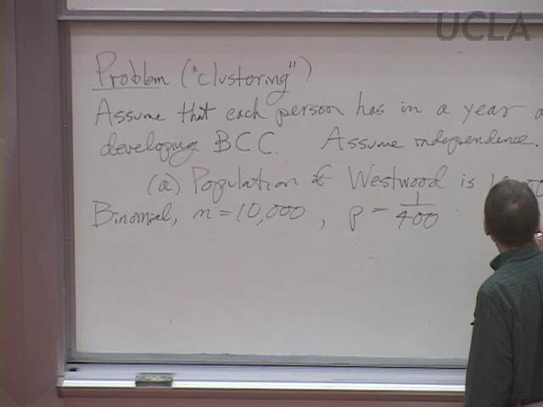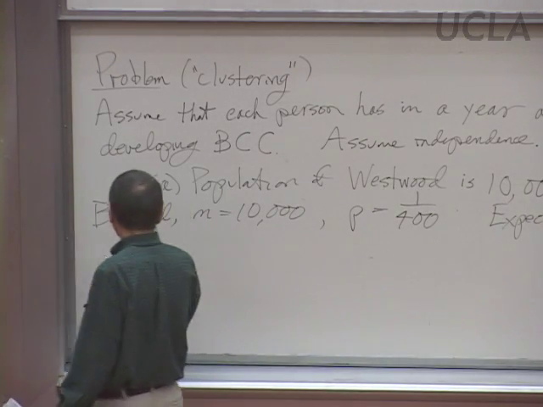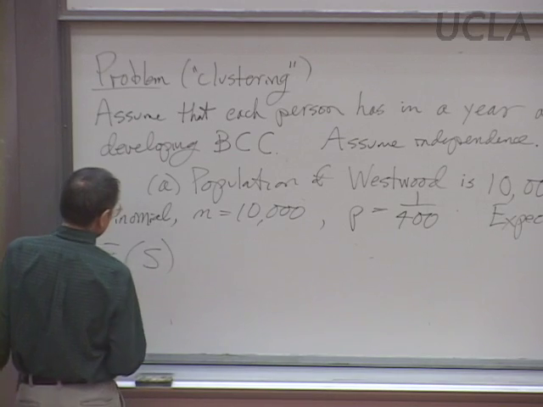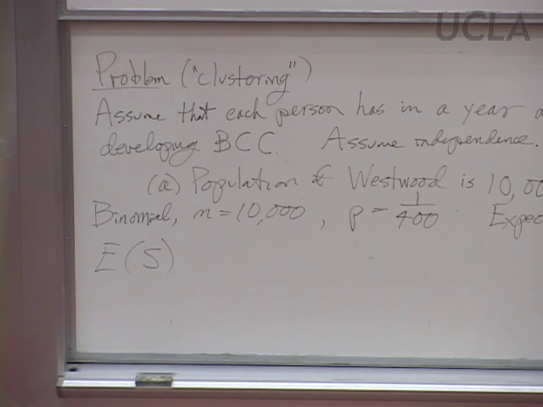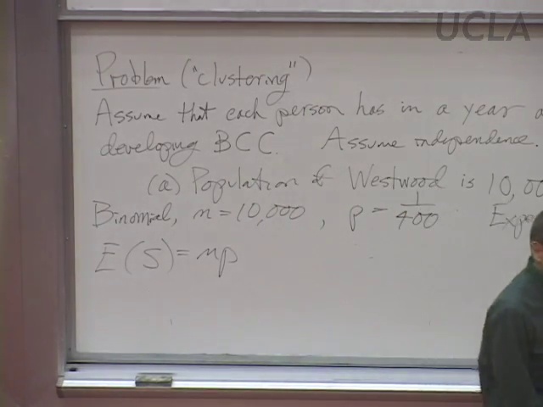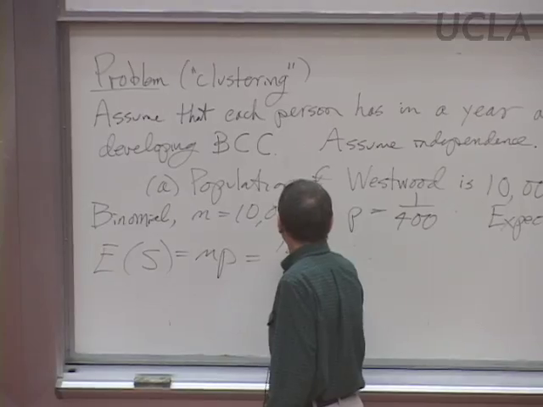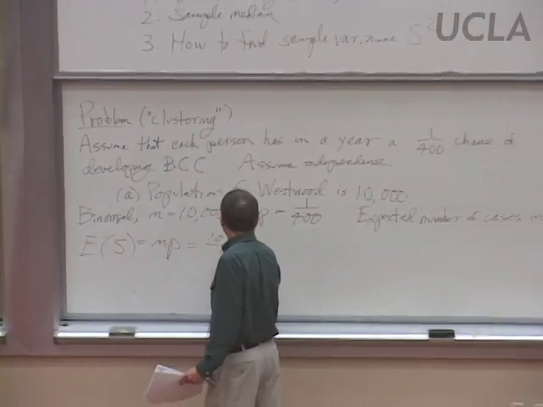So the expected number of cases in 2009, say, using S for the number of successes, number of cases in these 10,000 trials, we know binomial distribution, it's n times p, 10,000 times 1/400.